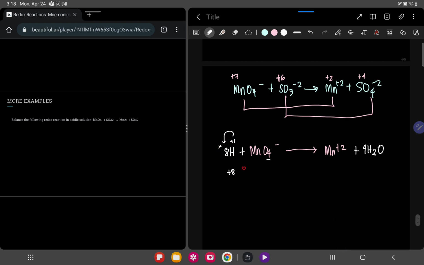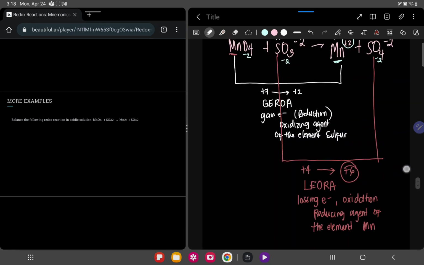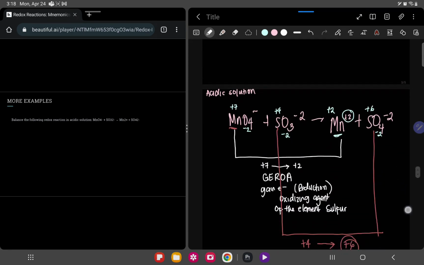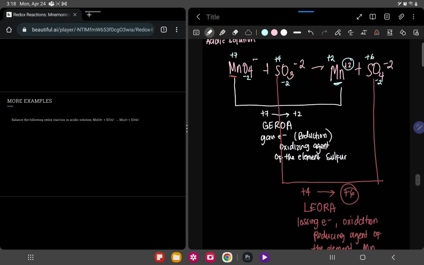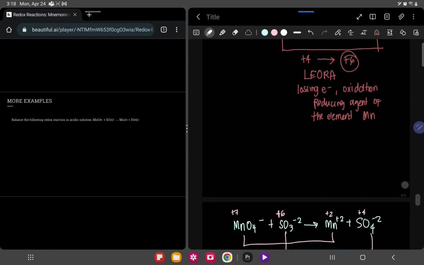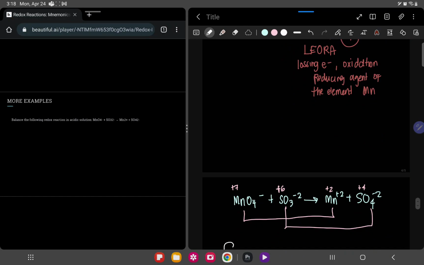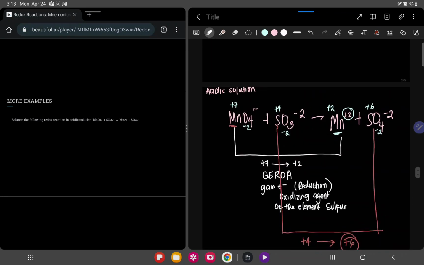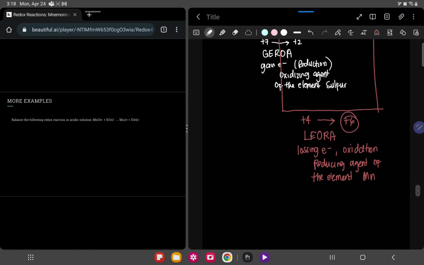And we have positive 8 plus, how many electrons is this? We are not going to look at each one, just like the ones we have done in identifying which one is oxidizing, reduction, reducing agent, and oxidation. That is just for identifying which one is oxidation and which one is reduction.